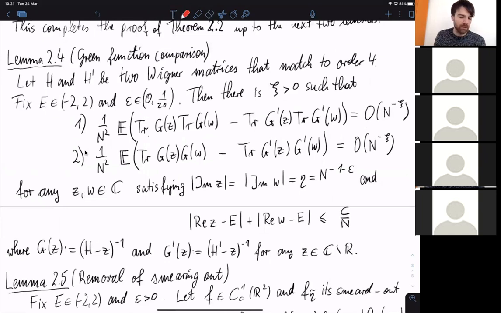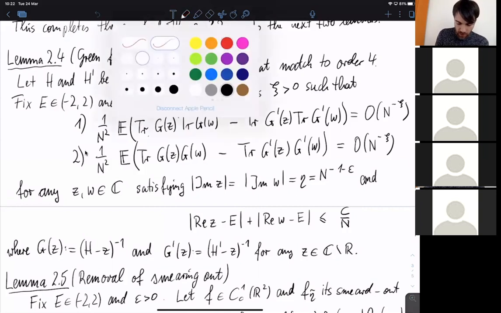As I said before, lemma 2.4 is the main work, and we will use this telescoping idea and also what we used last time, and that's actually the only point where this 4-moment matching will come in. We will focus mostly on this first part. The second part is an adjustment of this, which I might or might not discuss.